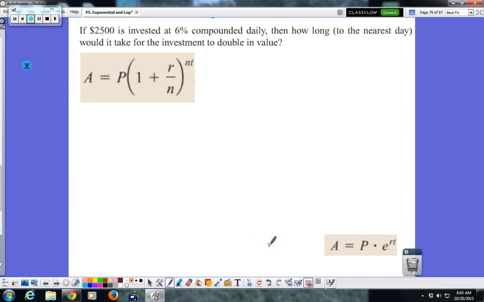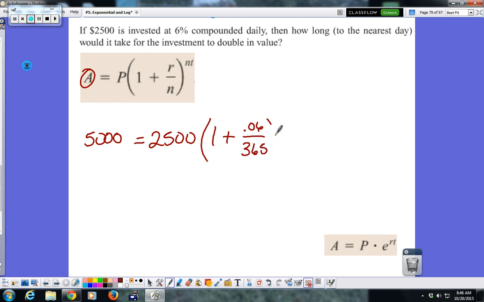But let's go over this. How long would it take for the investment to double? So we've got a principal of $2,500, and what do we want our A to be? If we invest $2,500 and want it to double, then $5,000. I'll show you in a second why that really doesn't matter. 1 plus the rate, 6%, compounded daily, so divided by 365 times a year, raised to the 365 T power, because we're looking for T. Now, again, why does that 2,500 and 5,000 not matter?